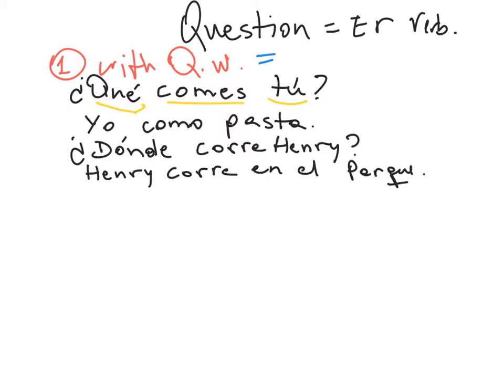So we start normally with the question word plus the verb plus normally the subject and plus any part of speech that you want to add. That could be an adjective, an adverb, or any other ones.